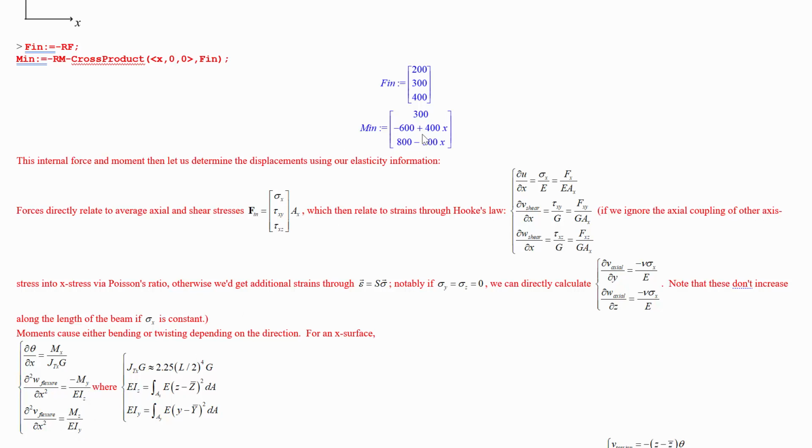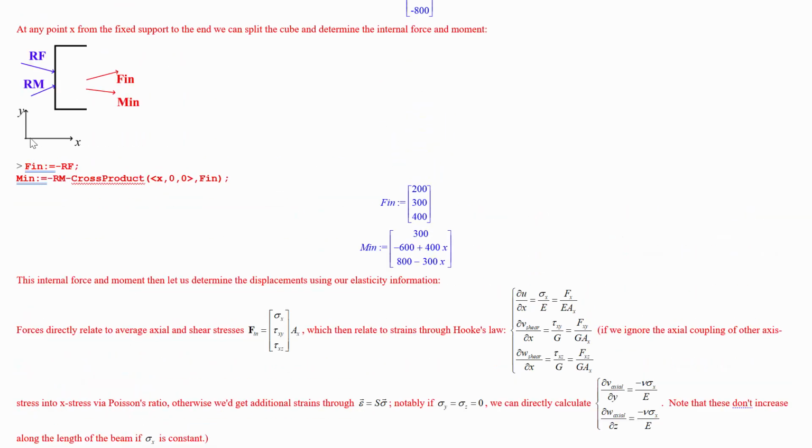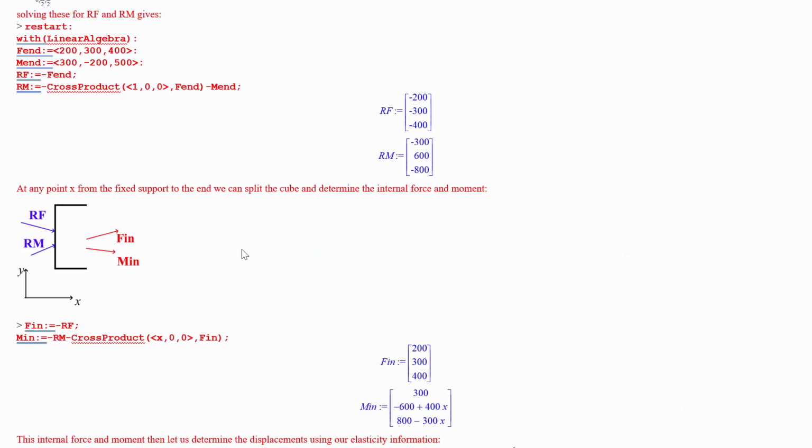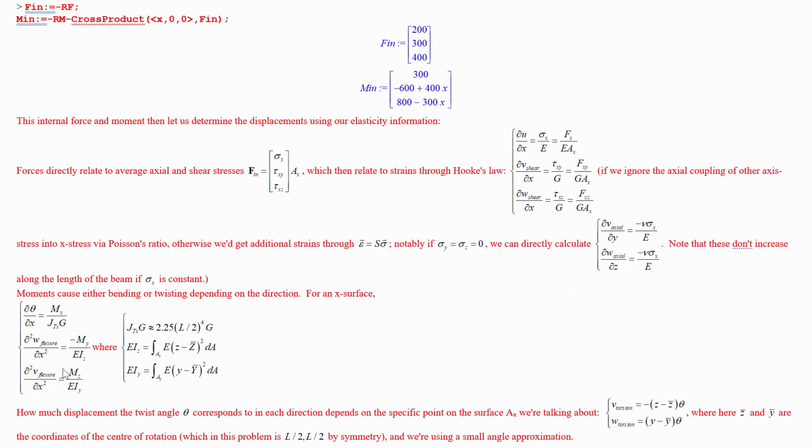So the moment in the y direction divided by flexural rigidity in y is telling you the rate of z displacement per step in x, the second derivative of that, the curvature in z. Why is it negative? Because a moment in the y direction using the right-hand rule would make this beam bend kind of into the page, and that's a negative z displacement there.